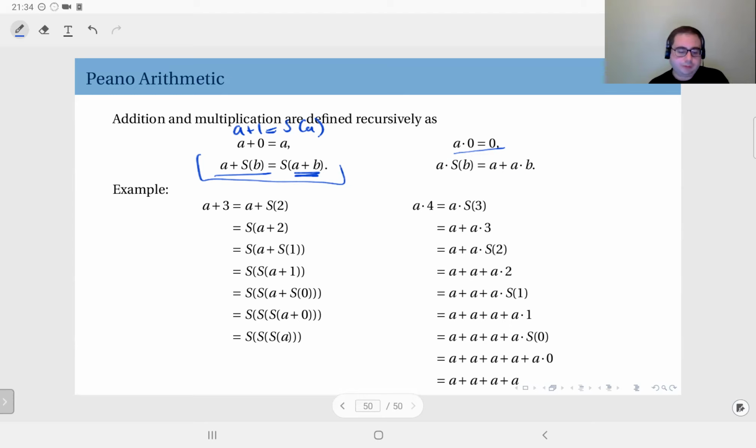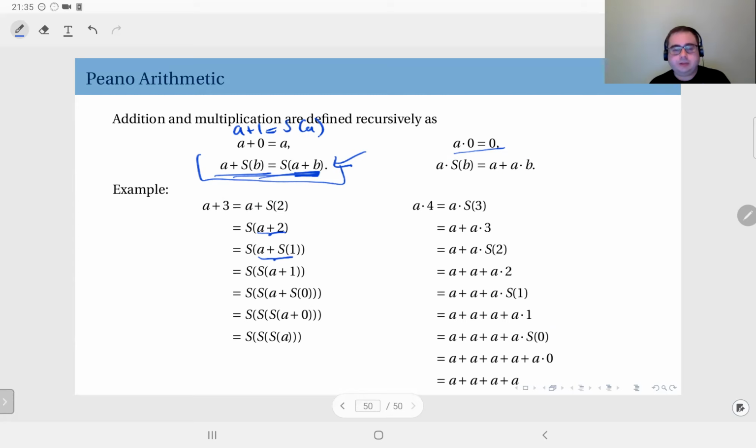And if you would like to apply this to, for instance, a plus 3 for some a, then applying this definition, since 3 is the successor of 2, this is equal to a plus successor of 2. And by this definition, this is equal to successor of a plus 2. And a plus 2 here is equal to, by this definition again, a plus successor of 1.